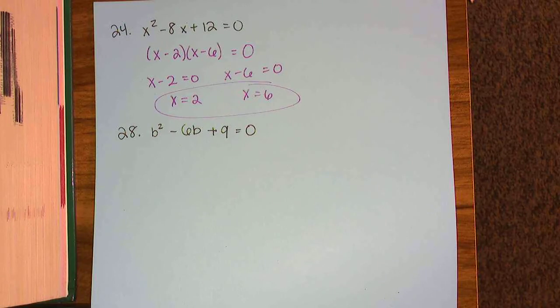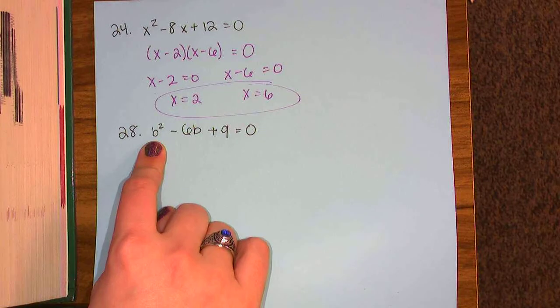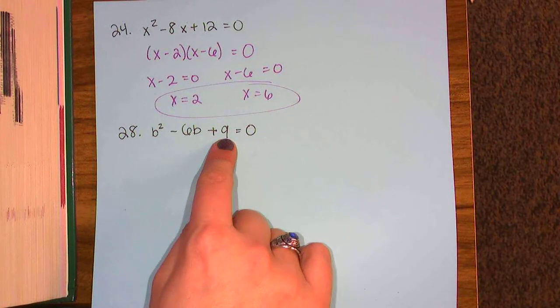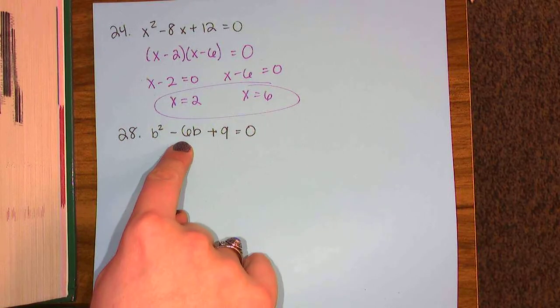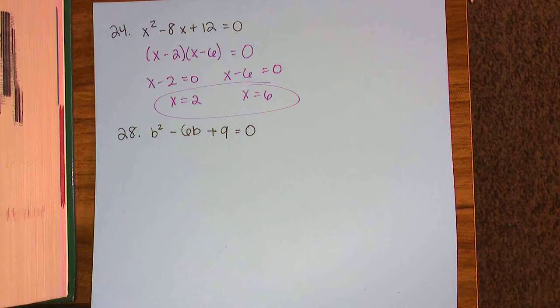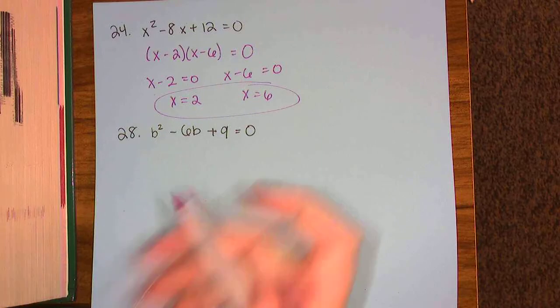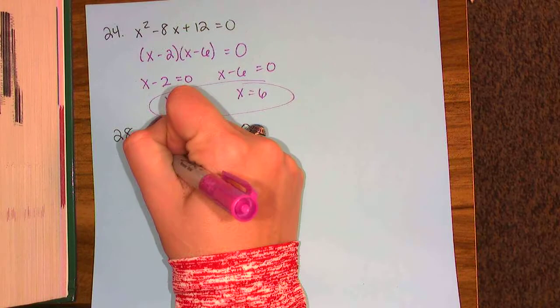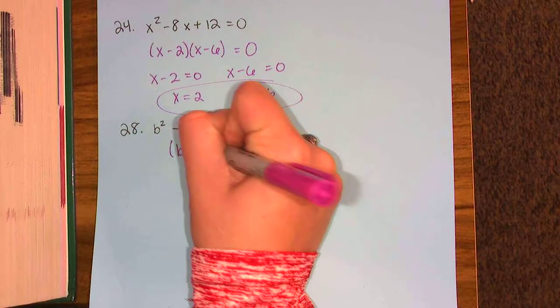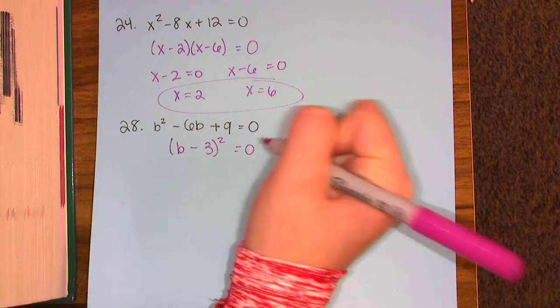This looks very similar to a special type that we have. b squared, this is 3 squared, this would be 2 times 3. So this would be a special type where it would be b minus 3 squared is equal to 0.